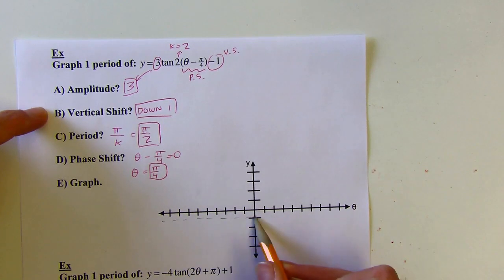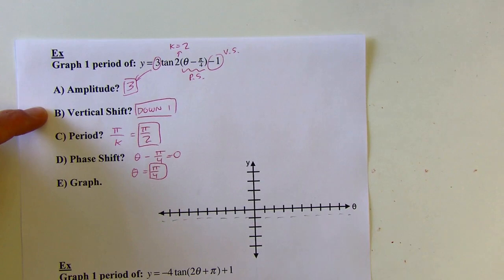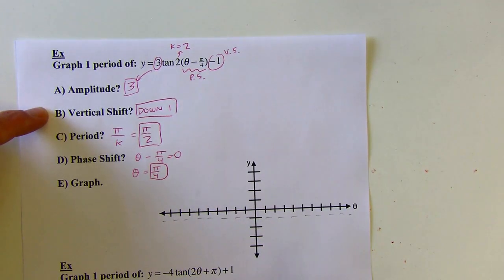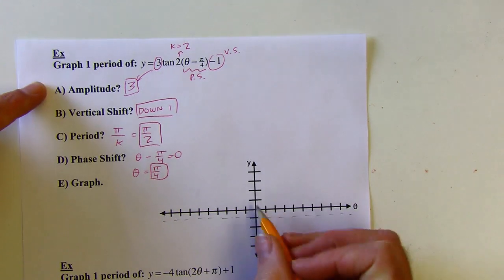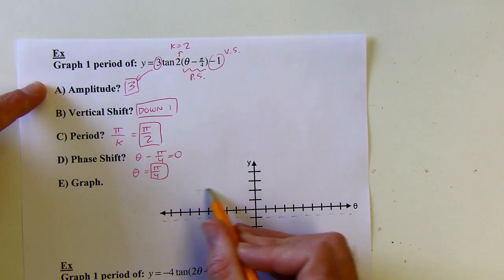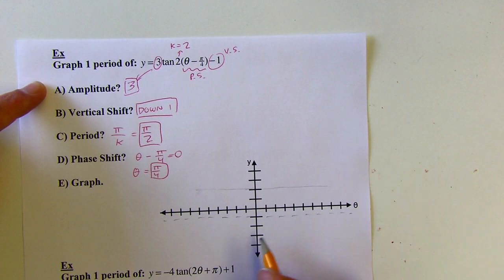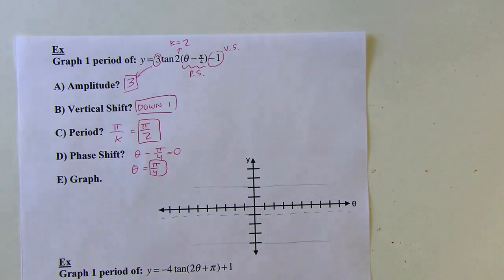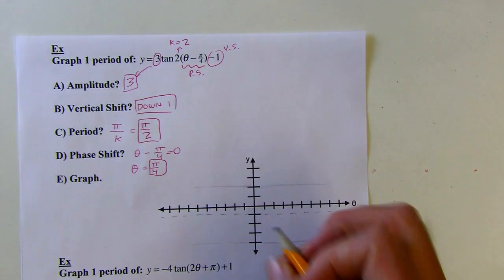I'm doing this very lightly because the road map kind of gets in the way a little bit with tangent because we've got lines going this way and it just gets a little convoluted. Okay, and then the amplitude is up 3, so I'm going up 1, 2, 3 from that midline and also down 1, 2, 3. Just doing this very lightly. So my critical points are going to be on these 3 lines, just like they would be with sine or cosine.